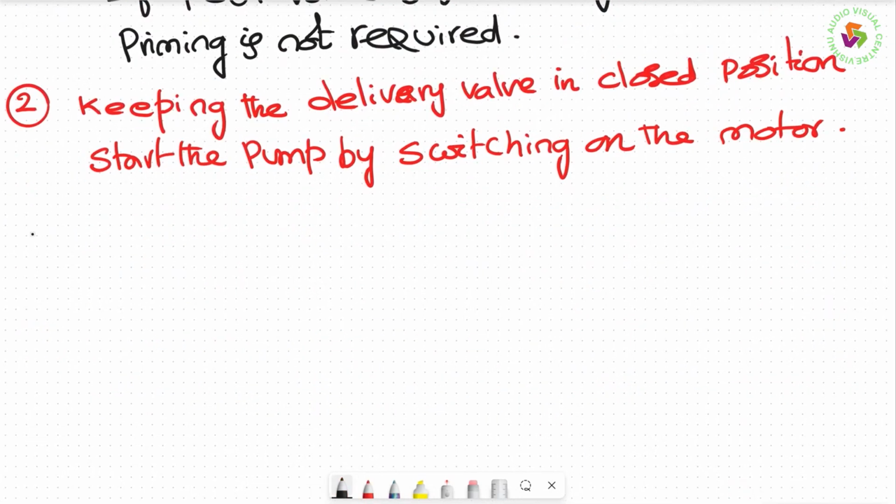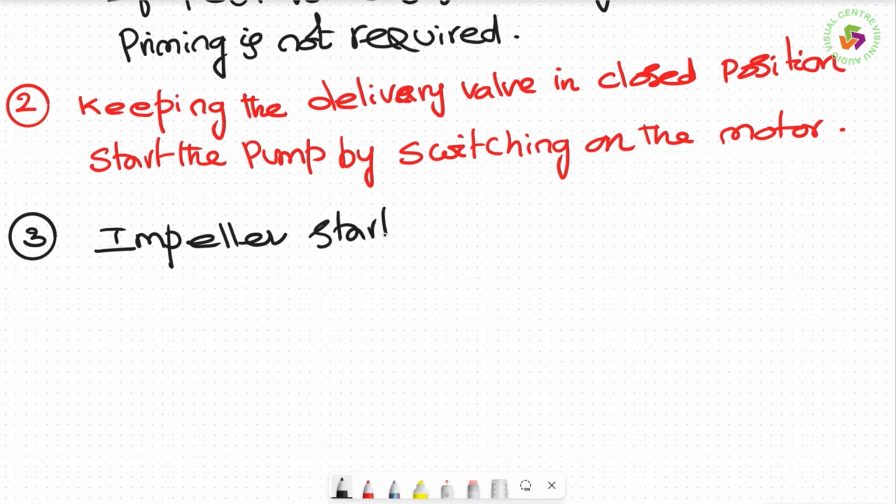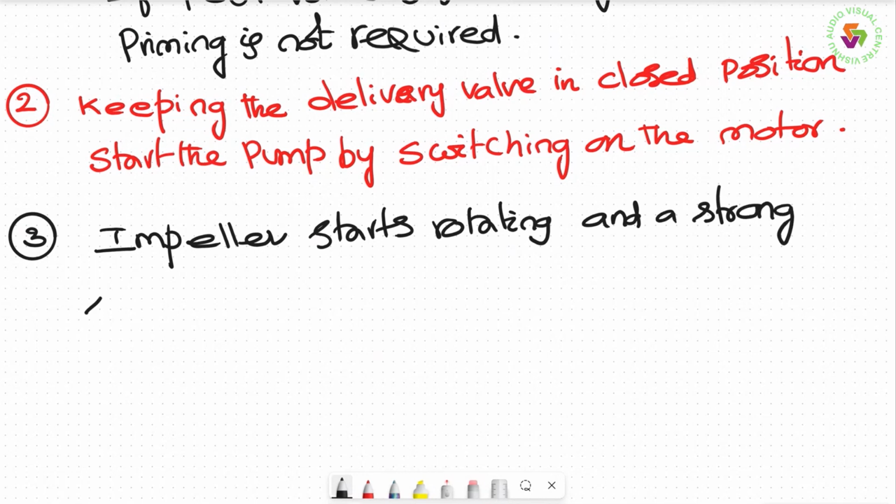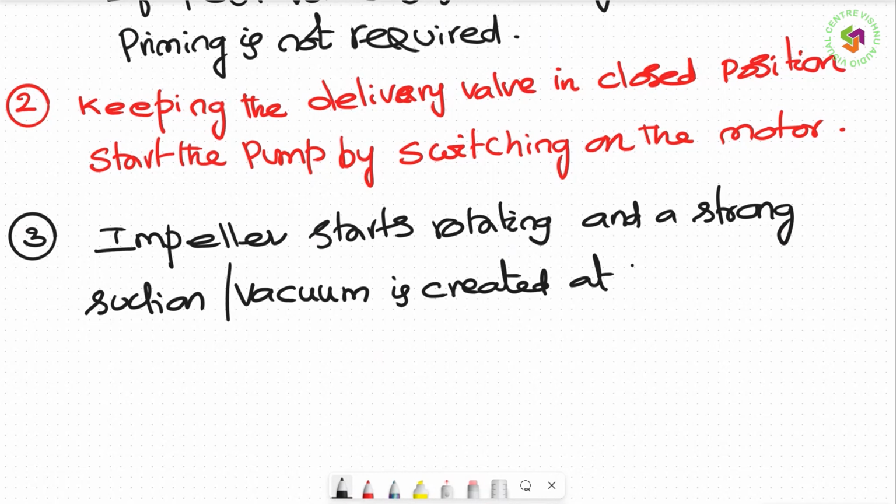Then the third step. The moment you switch on the motor, next the impeller starts rotating and basically a strong suction or vacuum is created at the center or eye of the pump.